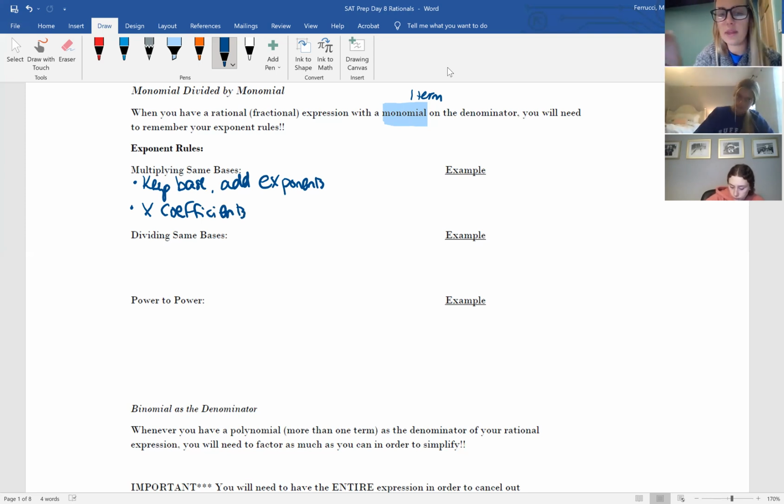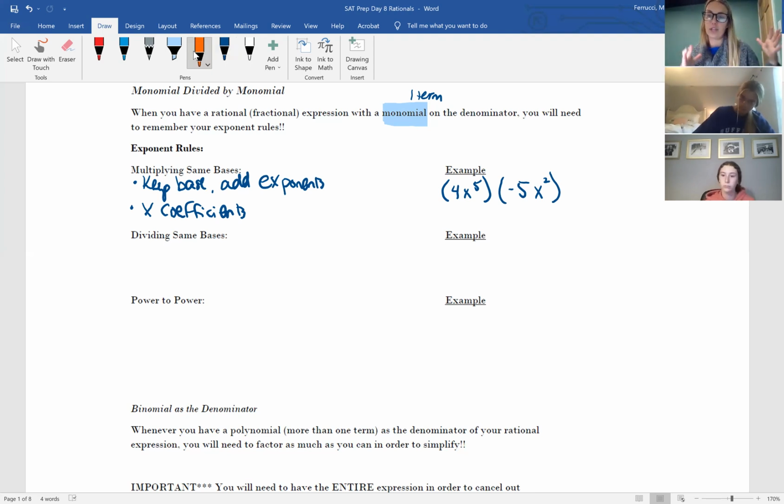So an example of that would be 4x to the 5th times negative 5x squared. Okay, so how I do this is I separate the coefficients and the bases. So I put them in two separate parentheses. So I would do 4 times negative 5 and x to the 5th times x squared.